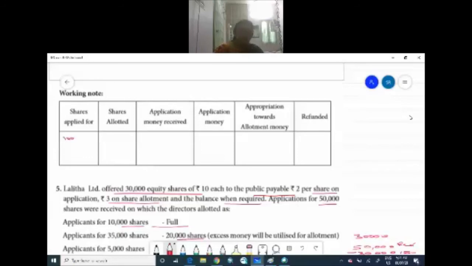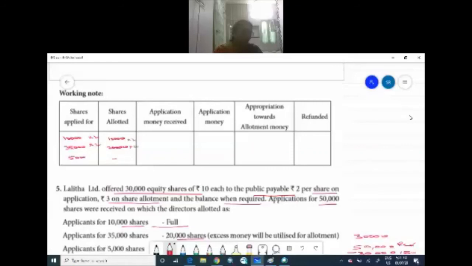10,000 shares, those who have got, they have been allotted 10,000 shares. And those who have applied for 35,000 shares, they have got only 20,000 shares. Okay, those who wanted 5,000 shares were not given anything. Okay, so everything is into two because the application money is into two.